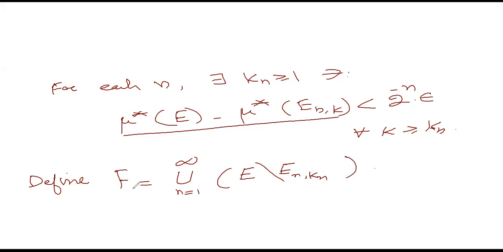Let us define this F, and we see that F is measurable because it is the union of the sets E minus E_{n,k_n}.